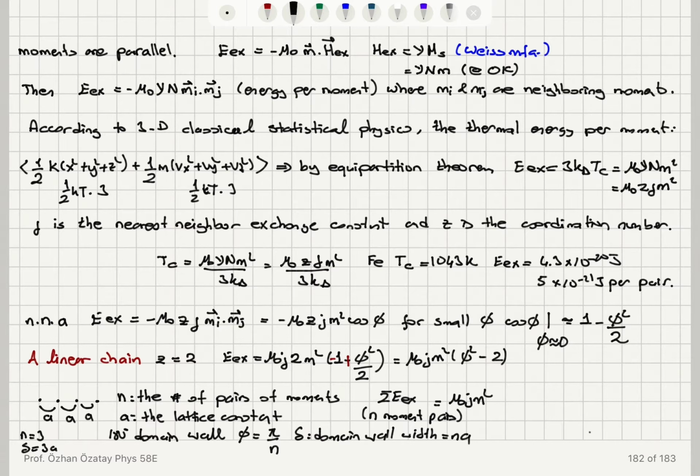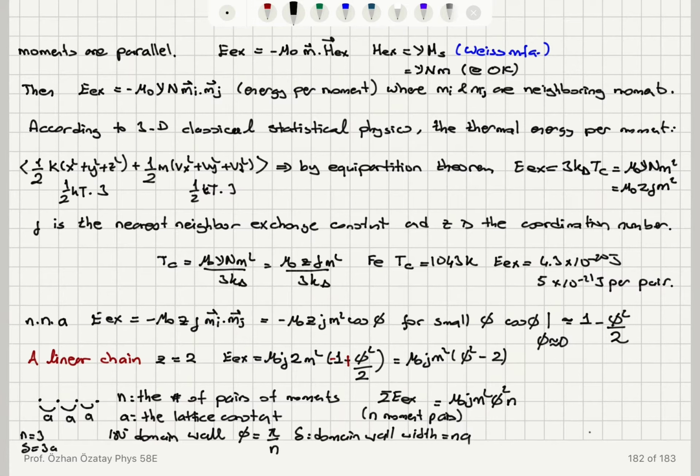As usual, we can set our energy scale starting from minus mu 0 j m squared times 2, so I only look at the angular dependence here. So this is going to be then, with my new definition of energy scale, mu 0 j m squared phi squared multiplied with n, because I have n pairs.